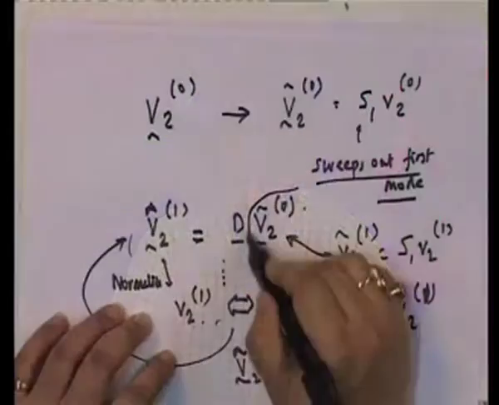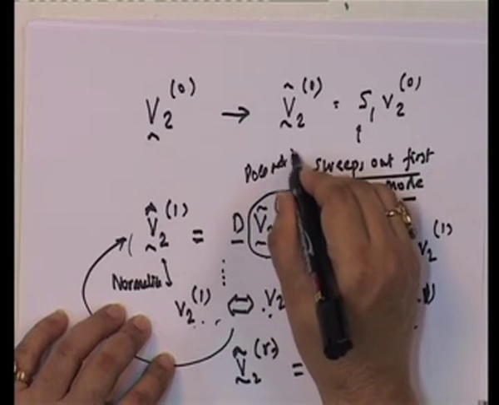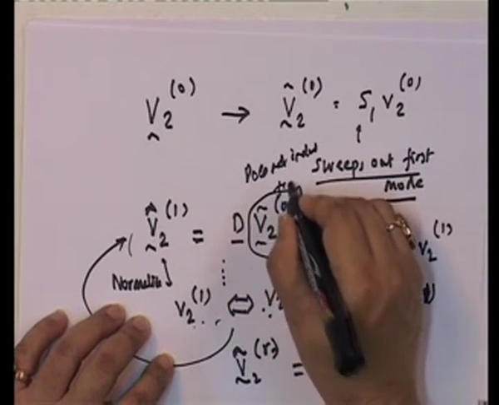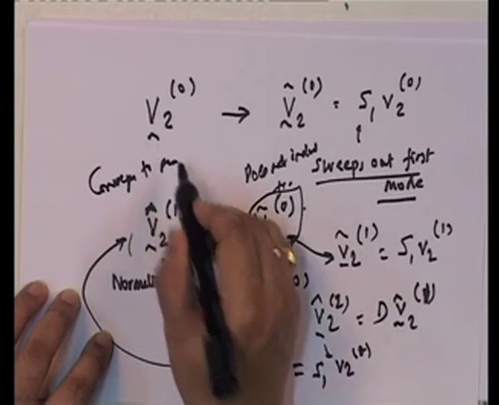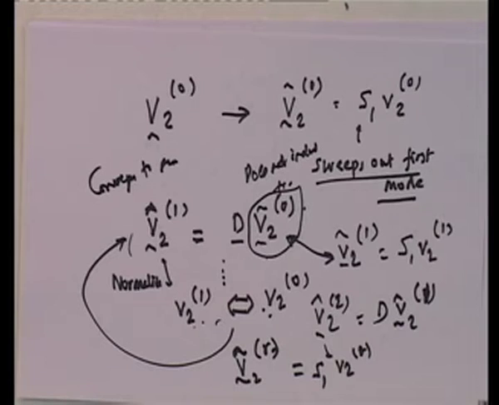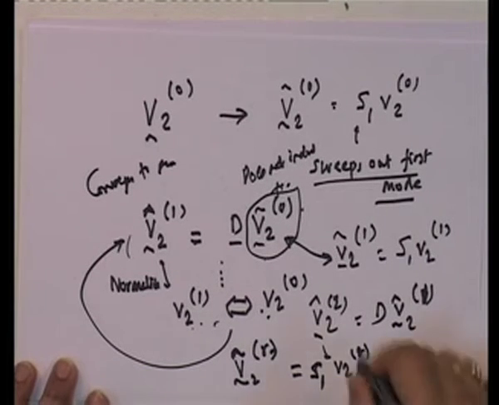If you sweep out the first mode, then the swept vector does not include the first mode and converges to the second mode.